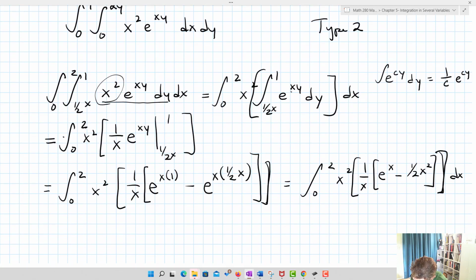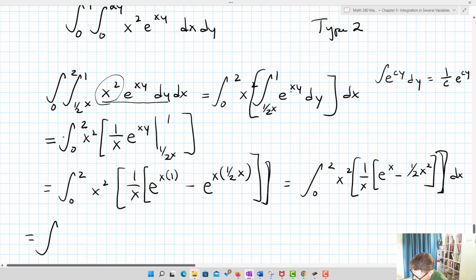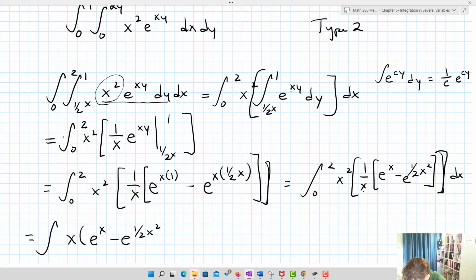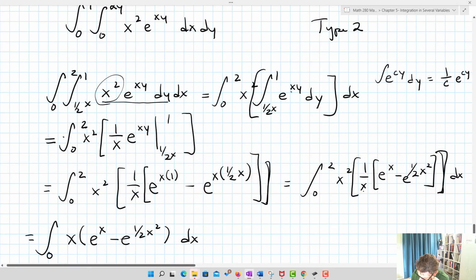Simplify that out a little bit. Really handy, should definitely do this. You've got x squared divided by x, so that's going to give me x times e to the x minus e to the 1/2 x squared dx, and we'll be integrating that from 0 to 2.